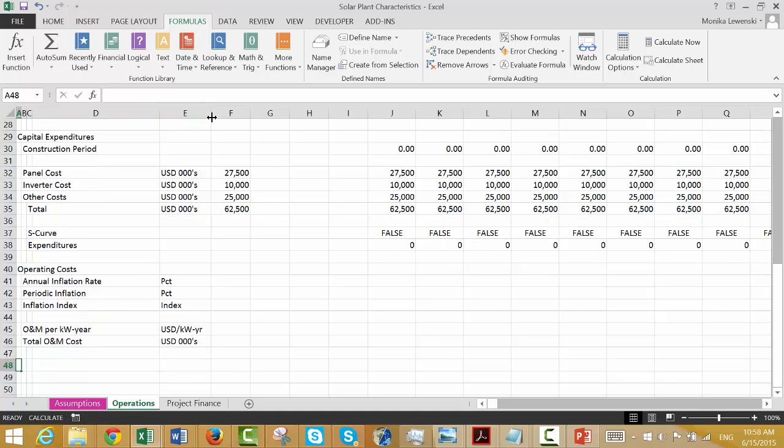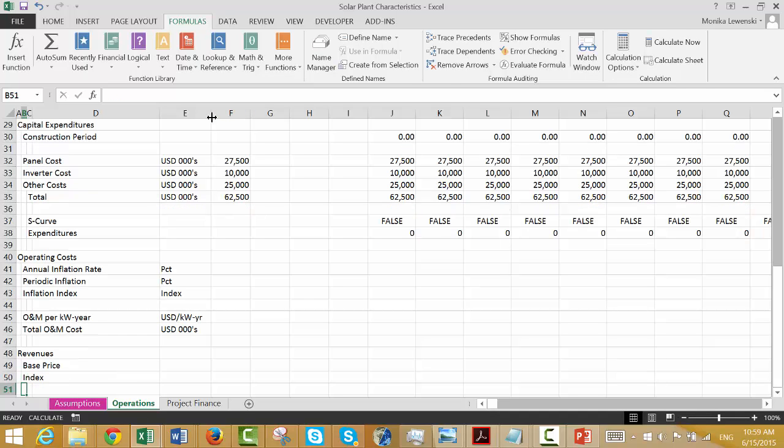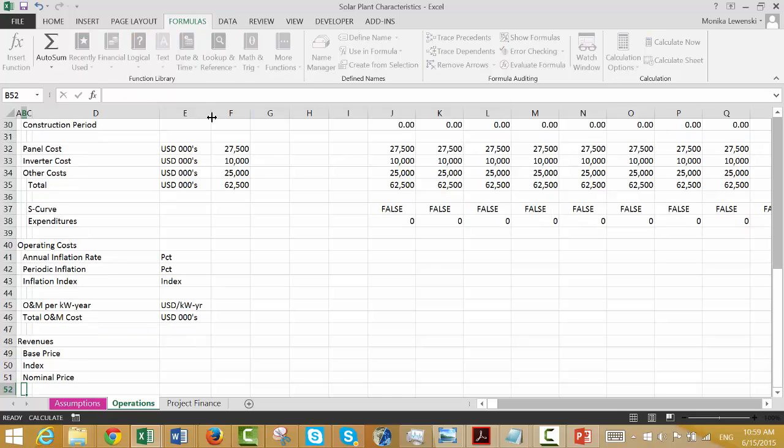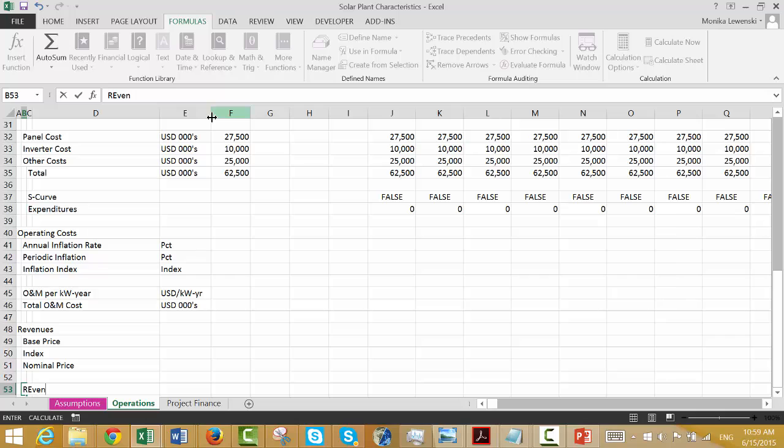It seemed to be when I had that macro. Okay, and then let's put the revenues. And we haven't put these in, but we'll put the base price index and nominal price, and then we can put revenues.